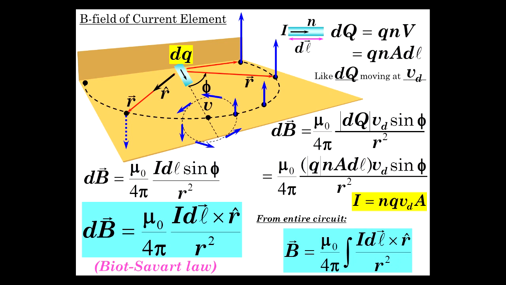The Biot-Savart law is generalized and put into specific form this way: integral of I dl cross r over r squared. You will, on occasion, have opportunity to use this fundamental equation for magnetic field to discover the actual magnetic field at some location. So when all else fails and right-hand rules and memorized formulas fail, this will give you the actual magnetic field at a location from currents in space and in time.